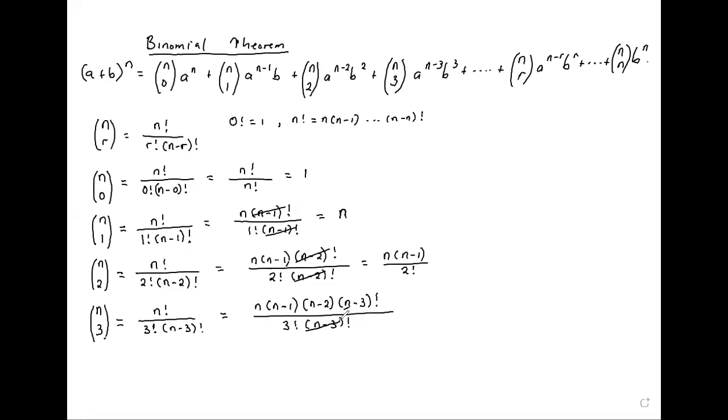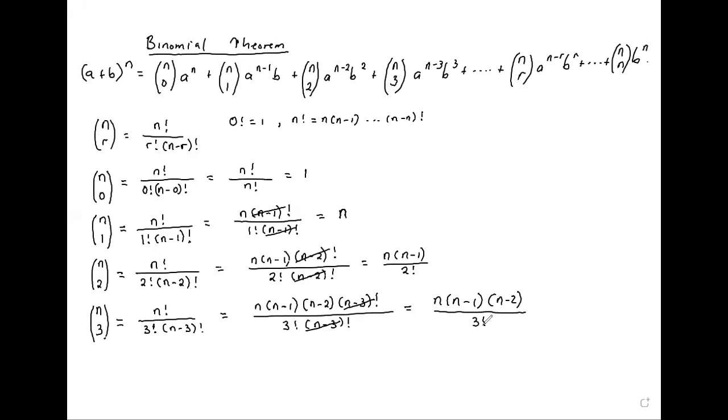Mathematically, this divided by this, we get a 1, so we remain with n, n minus 1, n minus 2 over 3 factorial. If you went on, the numbers would be increasing in that manner, but all application questions will end at n choose 3.